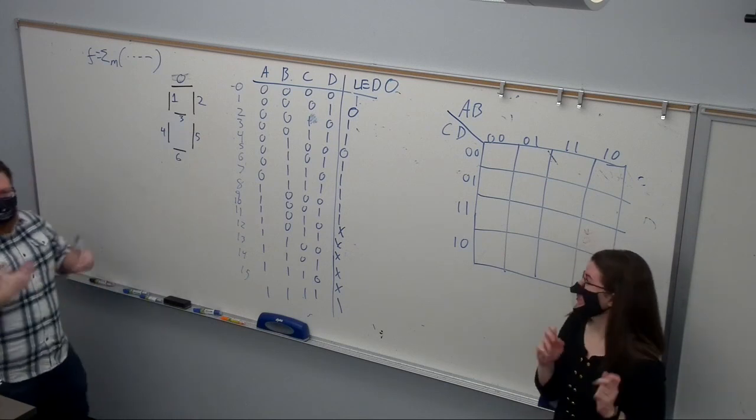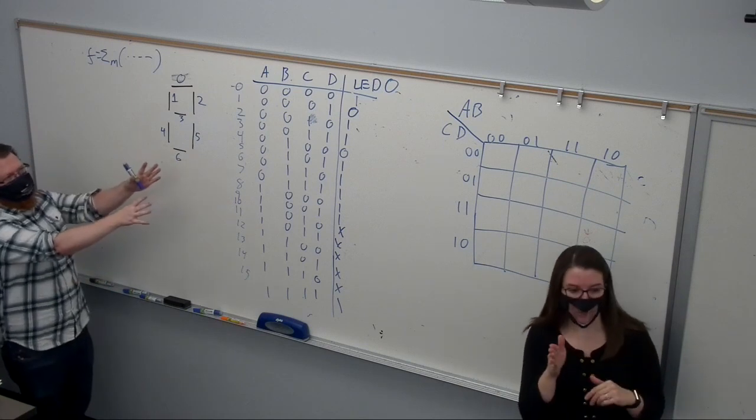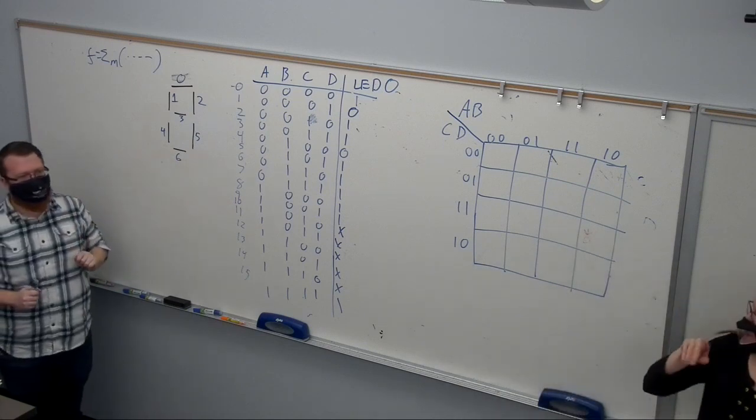Okay, now we can hopefully, and you will right now, take this truth table using that map and put it into the K-map.